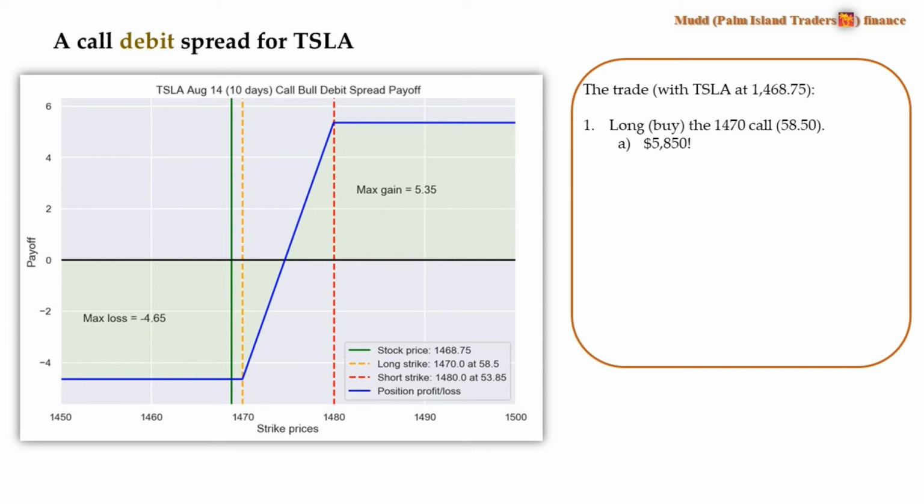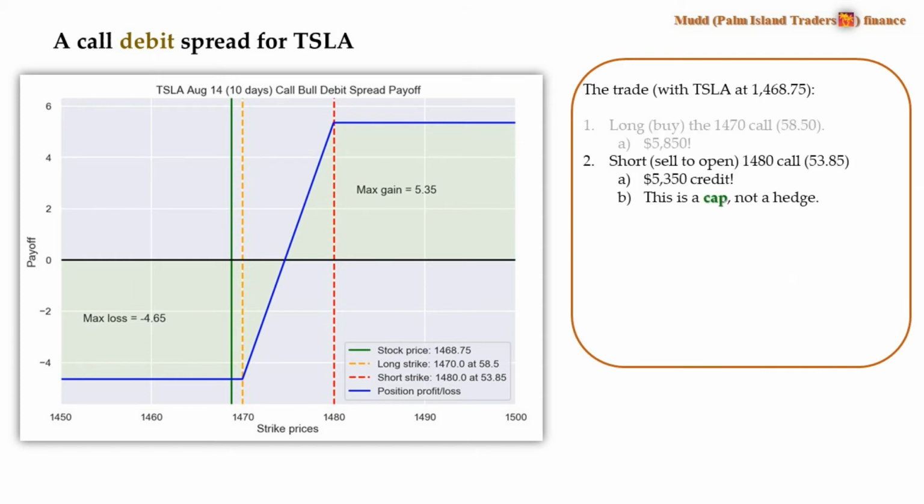Now that alone by itself would cost $5,850. But we also sell to open or short the 1480 call for $53.85, and we get for that a $5,350 credit. Remind ourselves that we are not hedging anything by doing this. This is actually a cap.